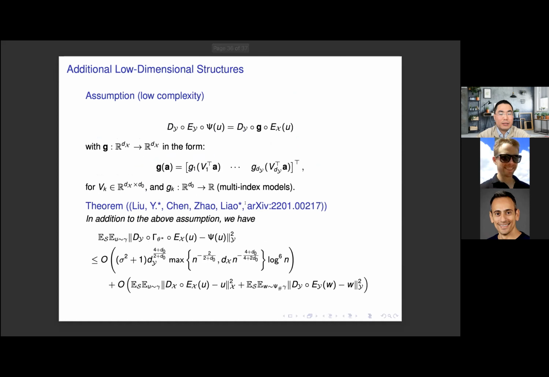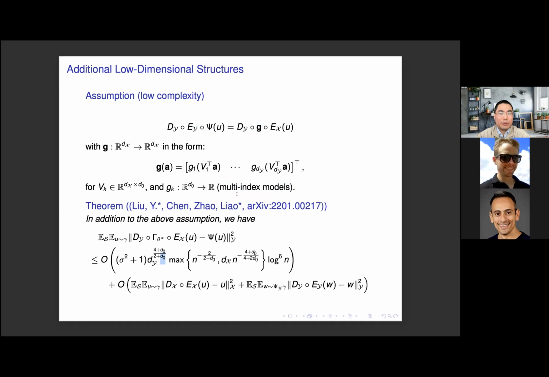In the second case, we consider the well-known multi-index model to characterize low complexity of functions in statistical models. If the unknown operator psi satisfies some low complexity structure, in the sense that after encoding we have a multi-index model G to characterize this unknown operator psi, then we can prove that instead of having dx, we can still have a small d0 in the learning accuracy, so that we can get rid of the curse of dimensionality.